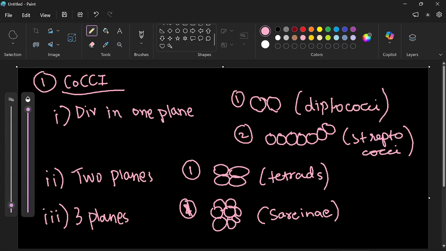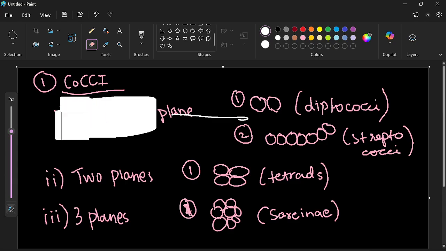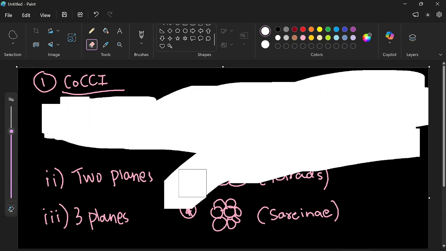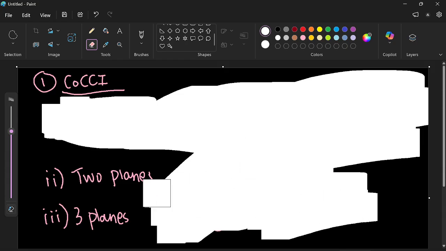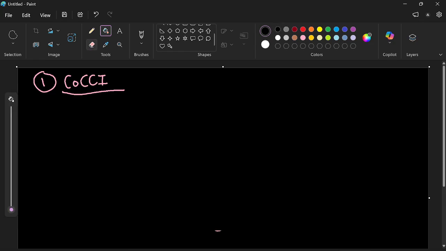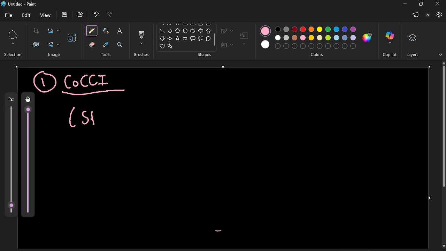Okay, so these are three arrangements possible, but there is one more arrangement possible in the case of cocci because it allows the division in many planes, and they occur in the form of clusters and we call them the famous Staphylococci.